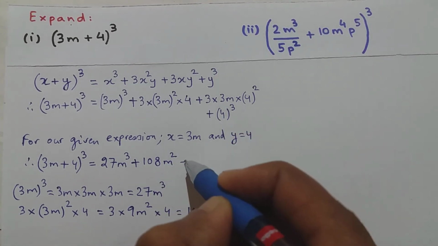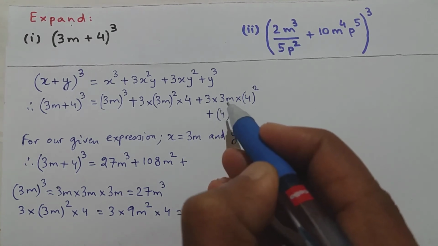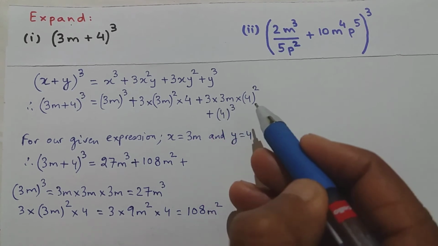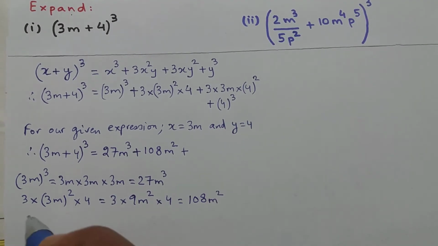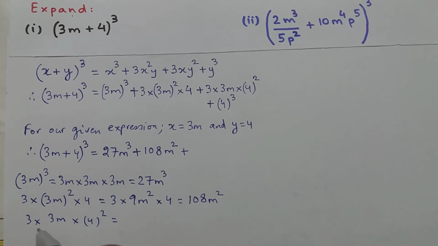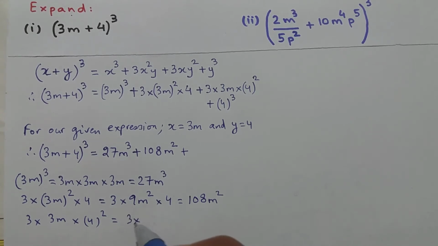plus 3 into 3m into 4 square. So let us simplify this. So 3 into 3m into 4 square. So what is that? 4 square is 16.